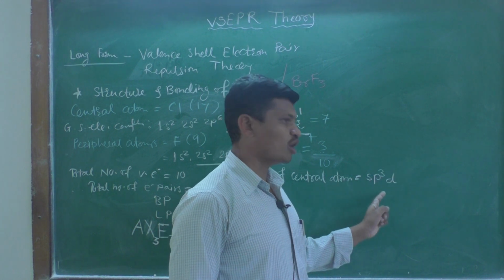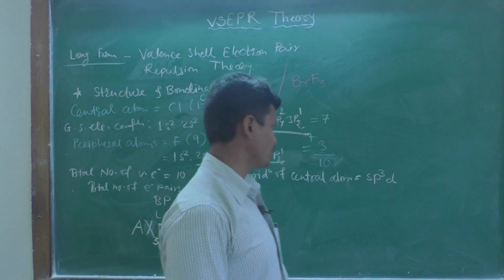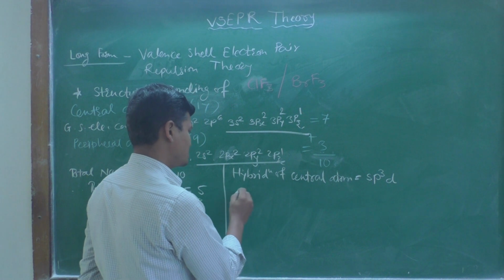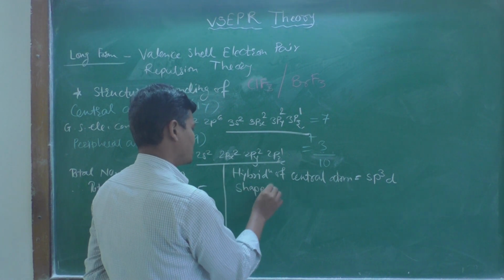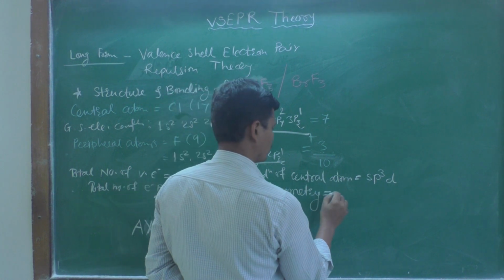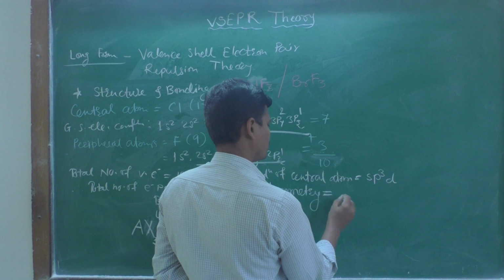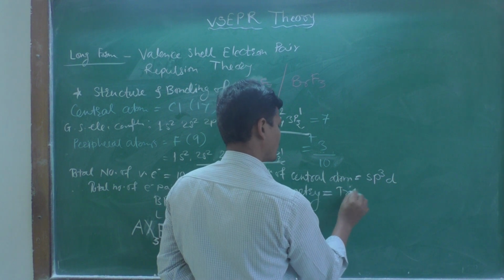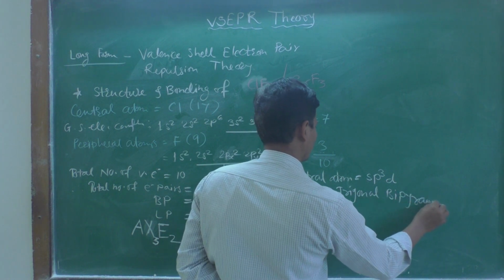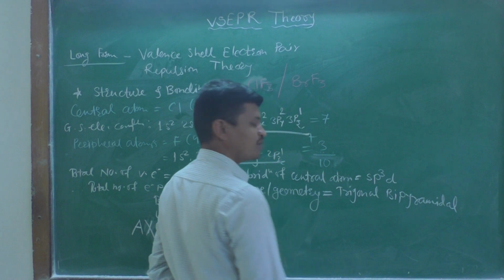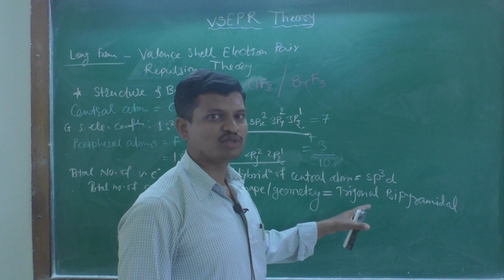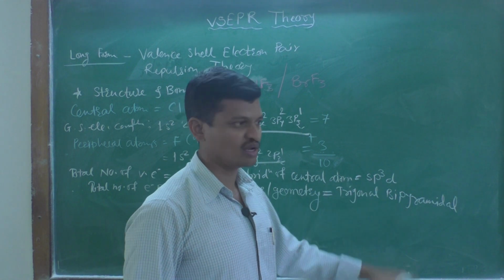So 5 orbitals are involved in this sp3d hybridization, and the shape or geometry of the molecule will be trigonal bipyramidal. This is the expected shape or geometry of the ClF3 molecule, that is trigonal bipyramidal.